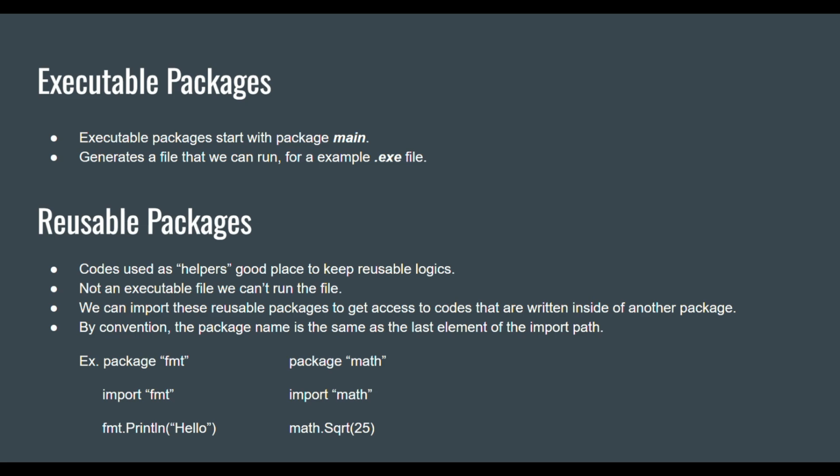By convention, the package name is the same as the last element of the import path. For example, if we import package fmt, the package name is fmt. When we need to call a function from that fmt package, we call it by fmt dot the function name.